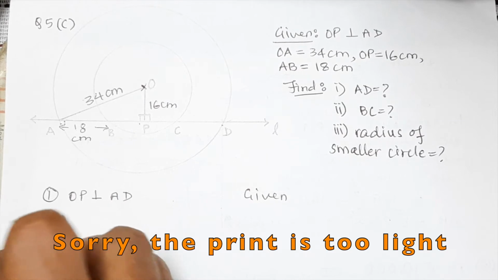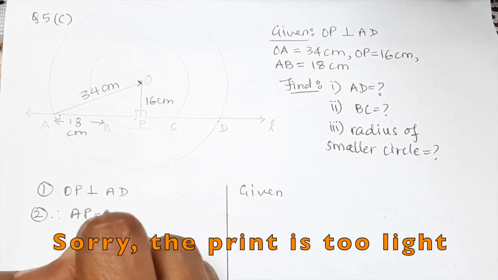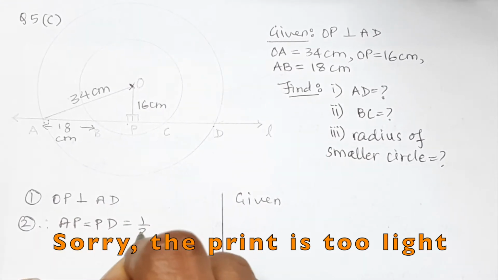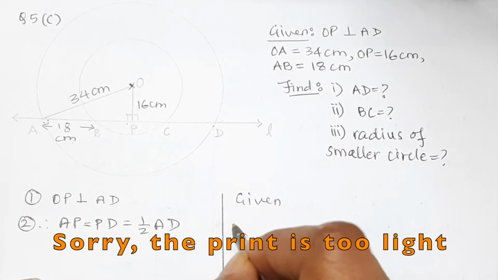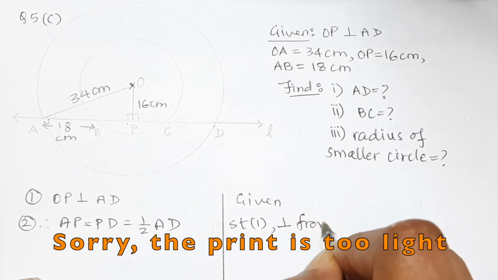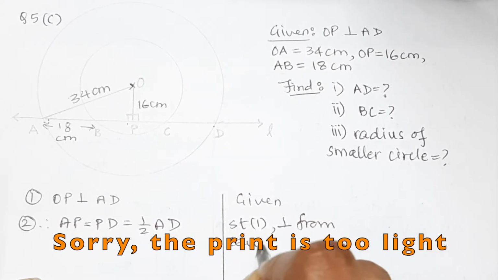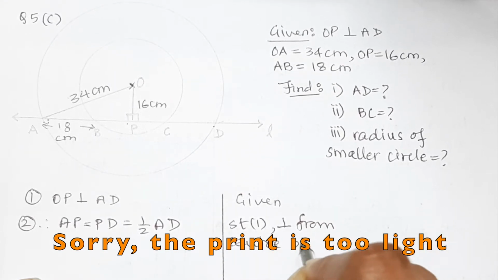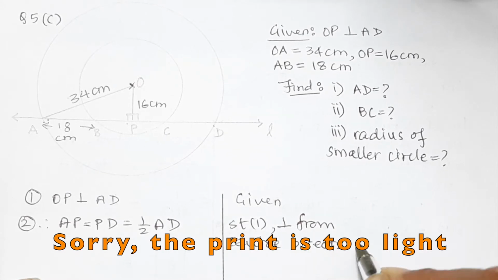Statement number 2, therefore AP equal to PD equal to half AD, and this will be from statement 1 as perpendicular from center bisects the chord.